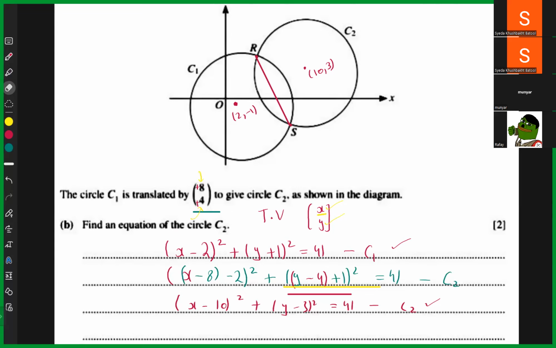Then S, which is (x minus 2) squared plus (y plus 1) squared is equal to 41. Then I will expand each equation. Then I'll just cancel the like terms in each equation.